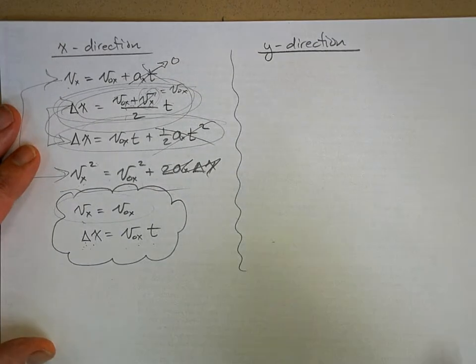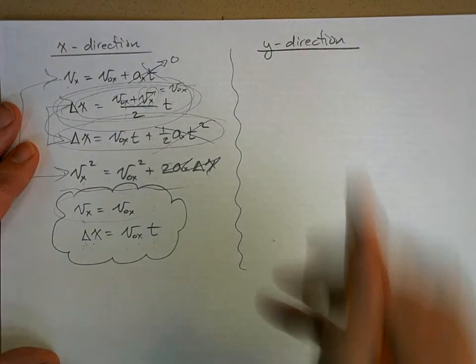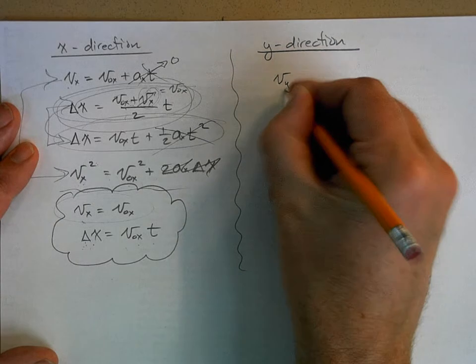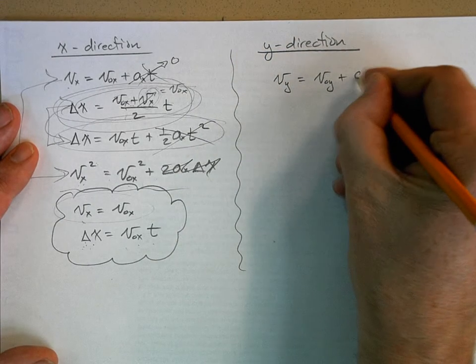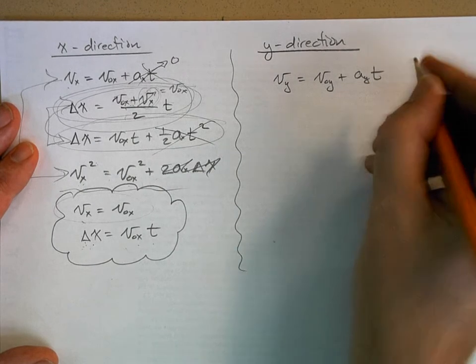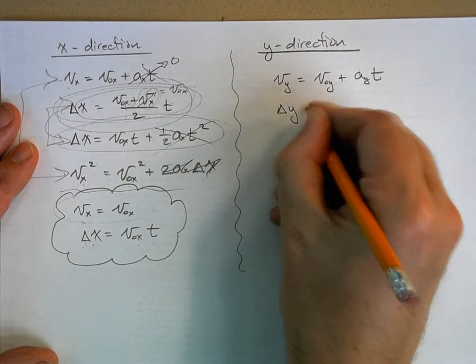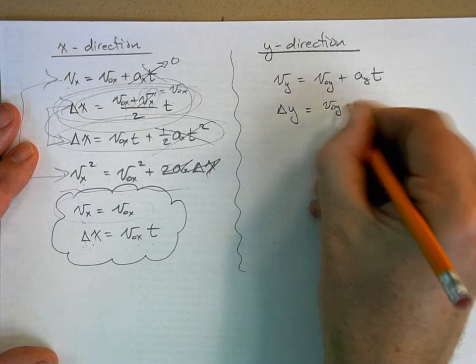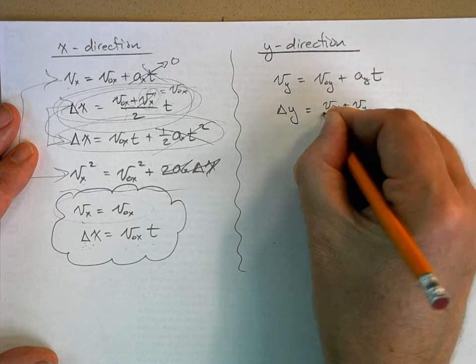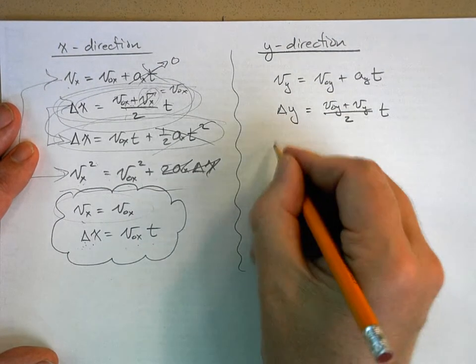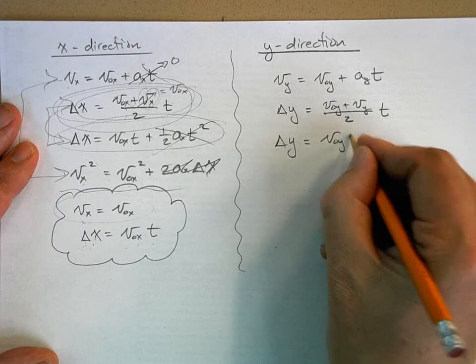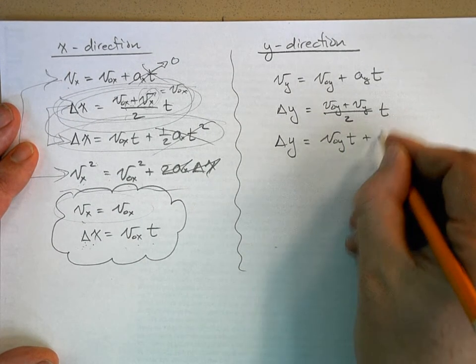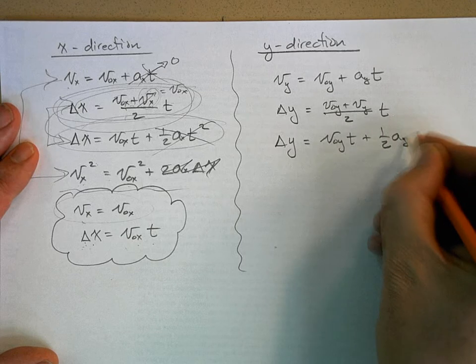All right. Now we're going to look at the y direction. We're going to do the same thing. The final velocity in the y direction equals the initial velocity in the y direction plus the acceleration in the y direction times time. Delta y equals v naught y plus vy over 2 times time. Delta y equals v naught y times t plus 1/2 ay times t squared.